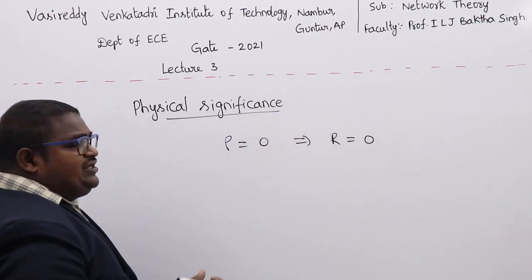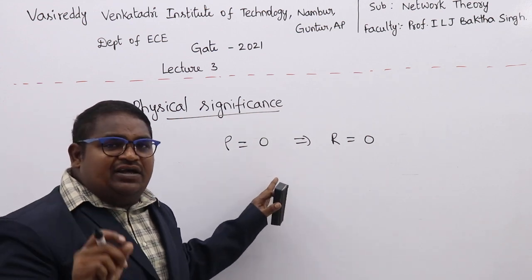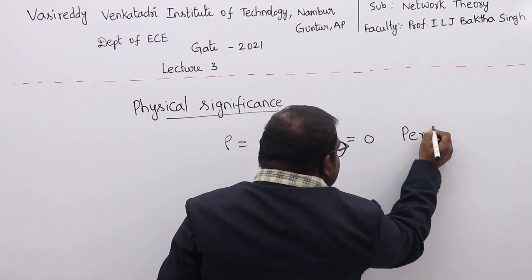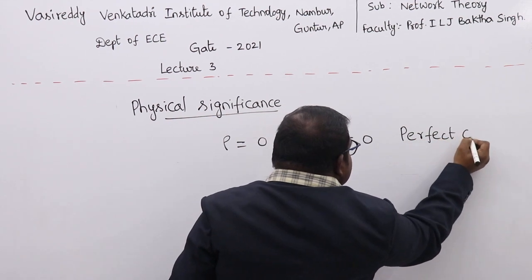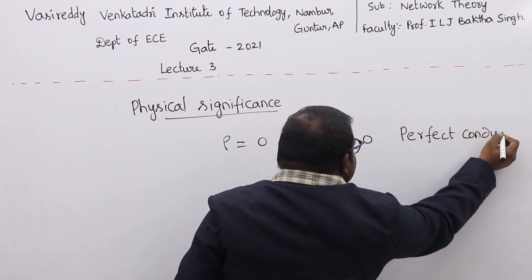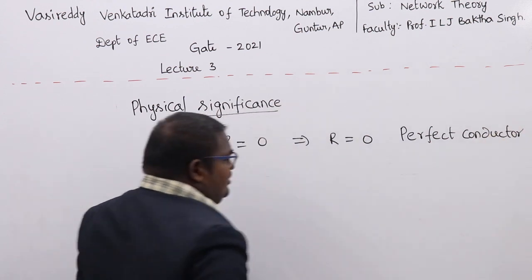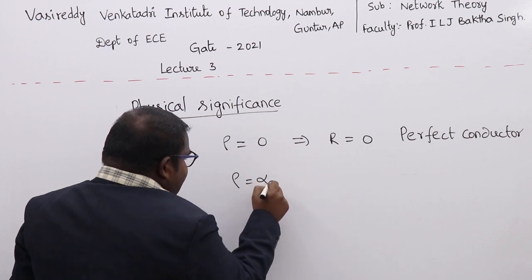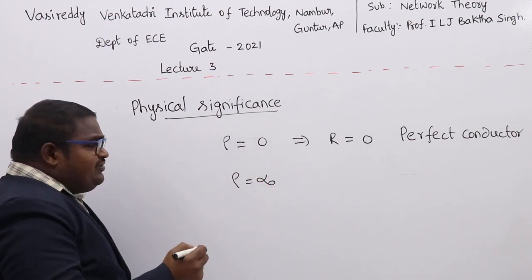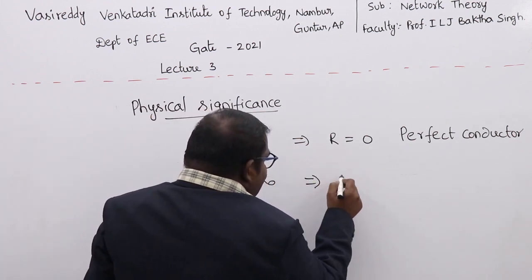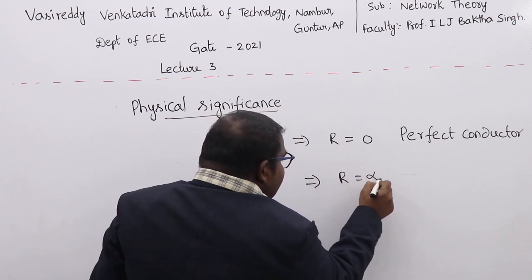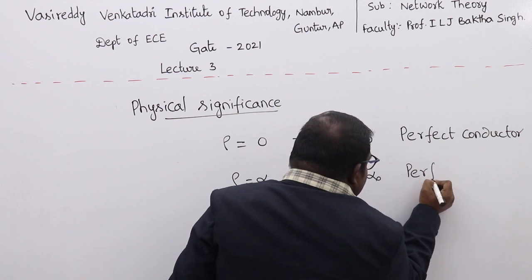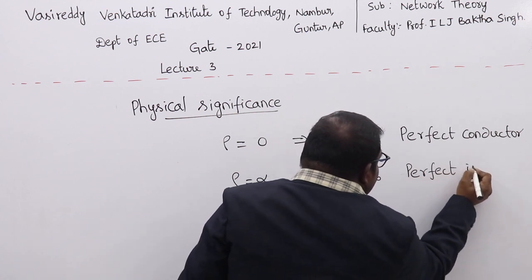When R is equal to 0, such a material or element is called a perfect conductor. And the next one, when rho is equal to infinity, then obviously resistance is also infinity. Then it is called a perfect insulator.